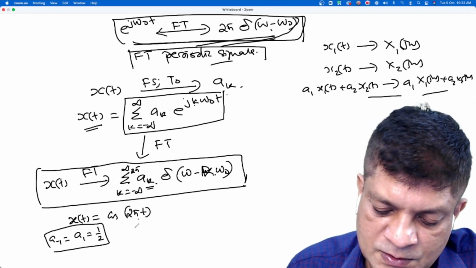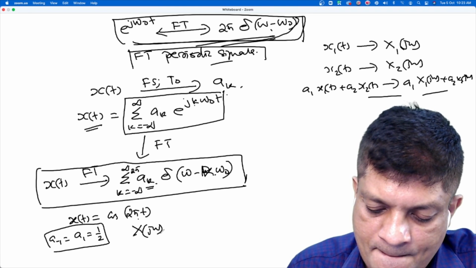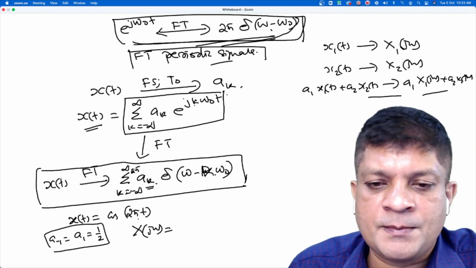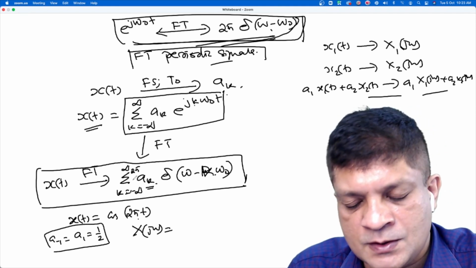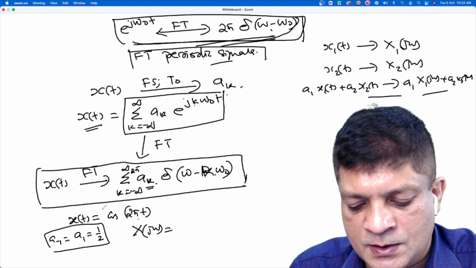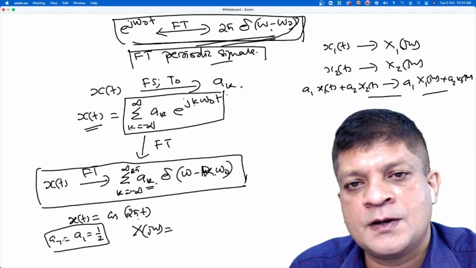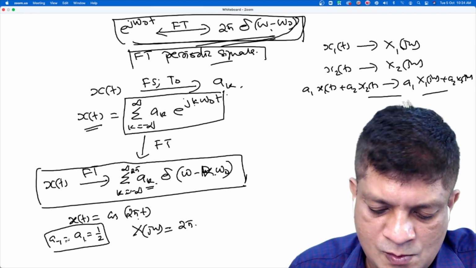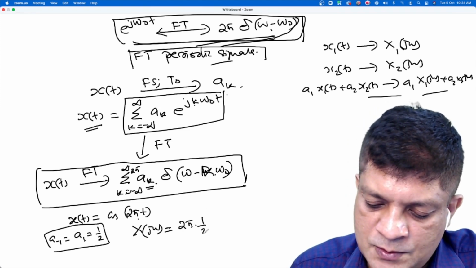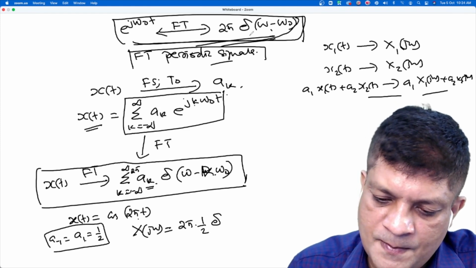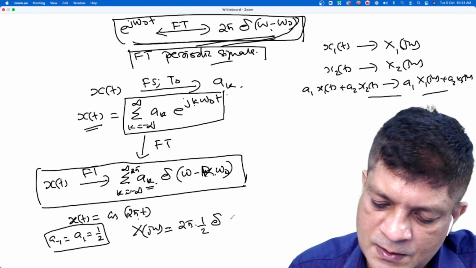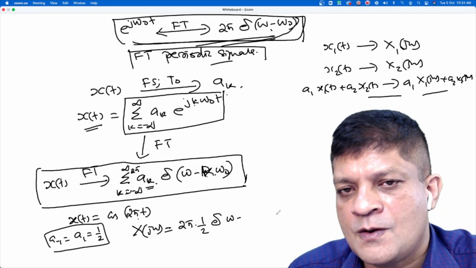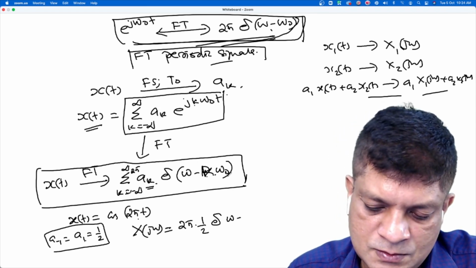So what is the Fourier transform of that? In the summation, there are only two non-zero terms, corresponding to k equals 1 and k equals minus 1. So it is 2 pi into a1, which is 1 by 2, delta of omega minus omega naught. What is omega naught here?